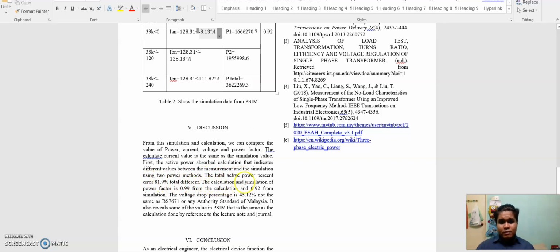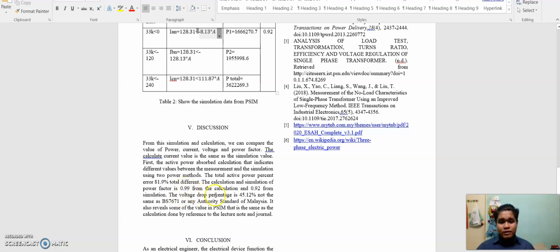The total active power percent error is 81.9%. The power factor is 0.99 from the calculation and 0.92 from the simulation. The values are almost the same, but because it's a simulation, they are not exactly the same.